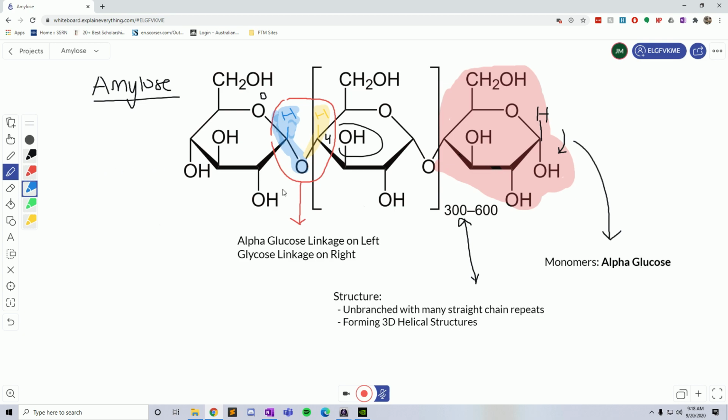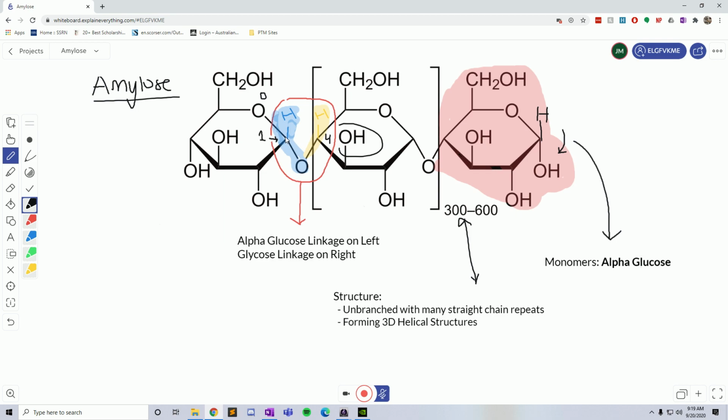So we have an alpha glucose linkage, which is basically, we have a look at the oxygen, which is considered 0, and so we have the first carbon here. And so the first carbon has the H pointing up, so therefore it's an alpha glucose monomer.